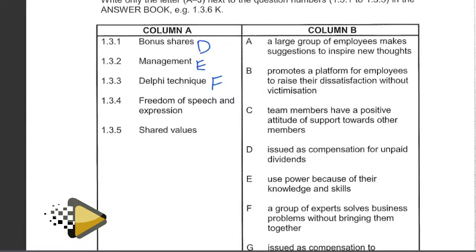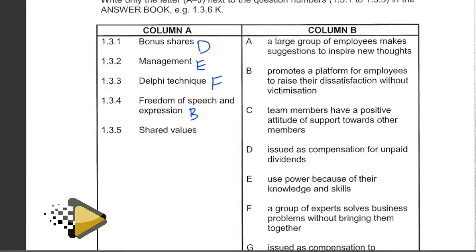You shouldn't swear at other people because you say that you have a freedom of speech and expression. Okay, right. So in this regard, this freedom of speech and expression promotes a platform for employees to raise their dissatisfaction without being victimized. So it means our appropriate answer in this regard is going to be B.